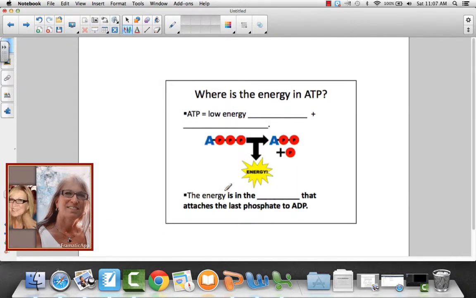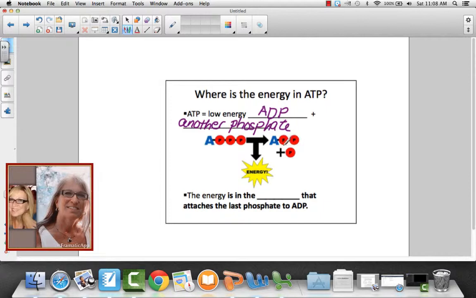Where is energy in ATP? Well, ATP is comprised of low energy, which is ADP, adenosine diphosphate, plus we then add another phosphate. So plus another phosphate. Okay?